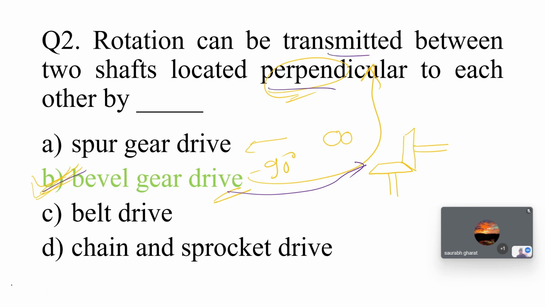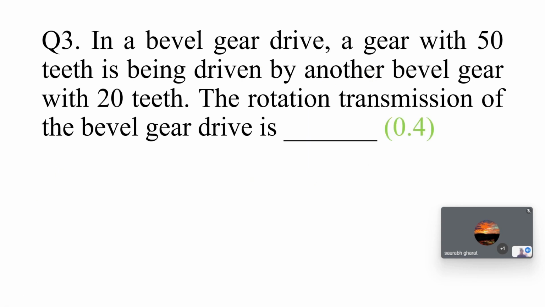As it is given here, in a bevel gear drive, a gear with 50 teeth is being driven by another bevel gear with 20 teeth. The rotation transmission of the bevel gear is, okay.